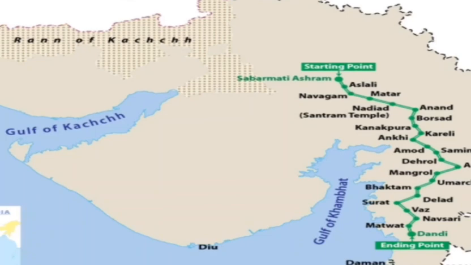This distance is approximately 234 miles. So it's a very long distance that these people walked. Many freedom fighters and countrymen supported Gandhiji in this movement. This movement is called the Dandi March or the Salt March. This happened in the year 1930.